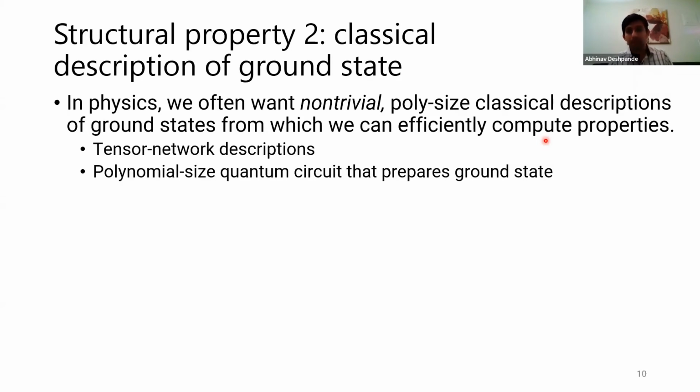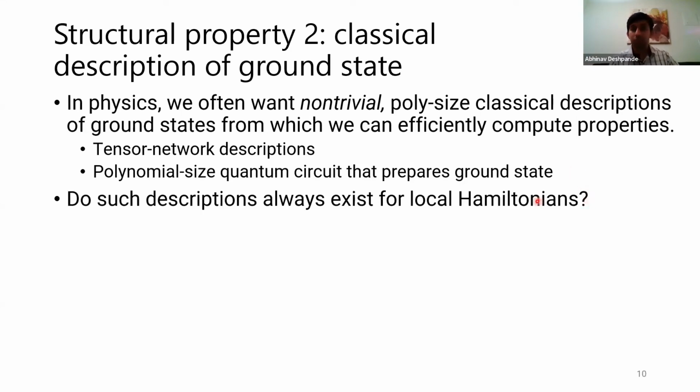Some examples are tensor network descriptions from which you can compute observables. Another example is an explicit description of a polynomial-sized quantum circuit that would prepare the ground state. Now, this may not be useful classically, but if you have a quantum computer, then you can go ahead and prepare the ground state and then study its properties.